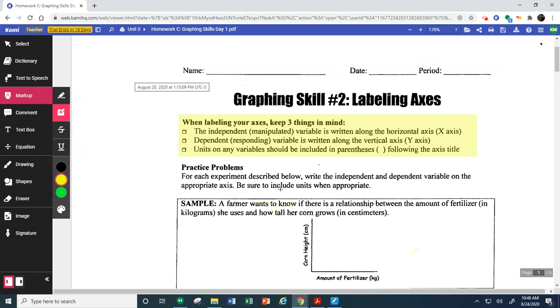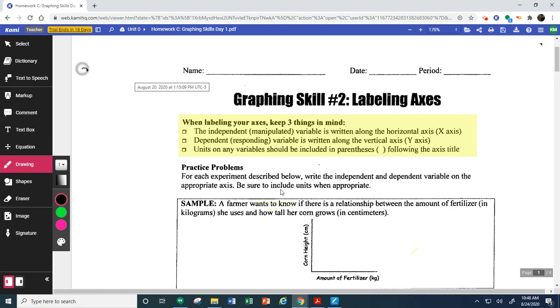So I have a little acronym to help you keep track of what is what, and that's called DRY MIX. So you may or may not have had a teacher give this to you before. DRY MIX stands for: D is dependent, or responding, and that goes on your Y axis.